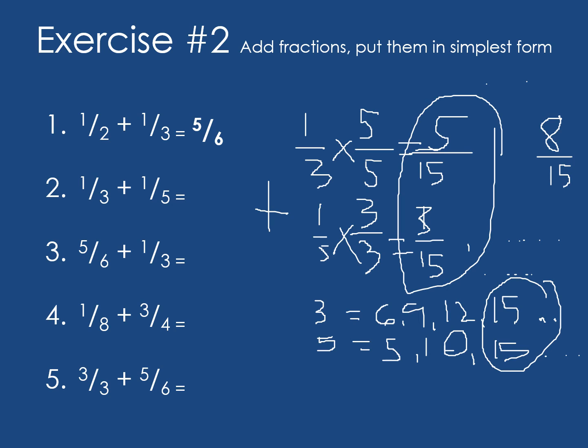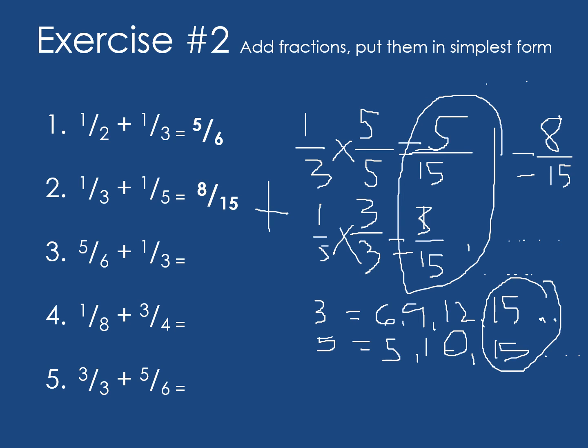Can we now express this in the lowest term? No. You cannot, because you cannot get any number that will divide into 8 and 15. So what may be the real answer? Yes, very good. 8 over 15.